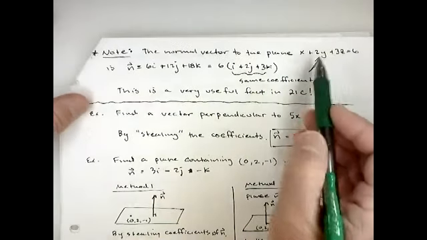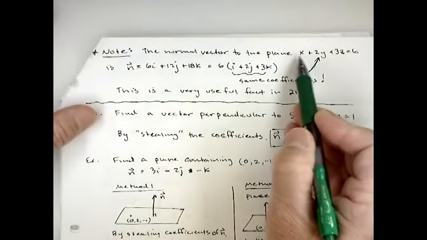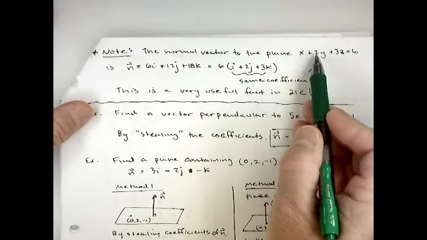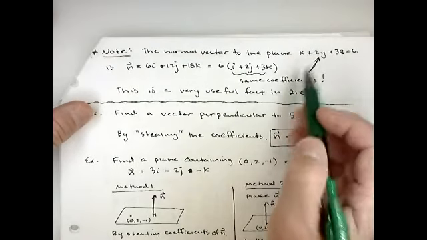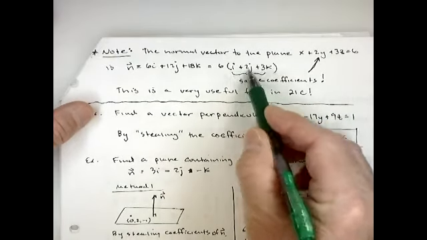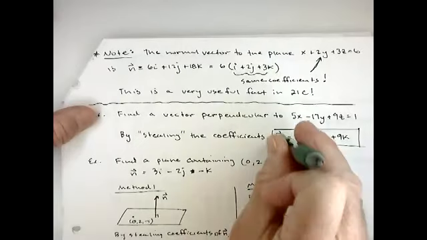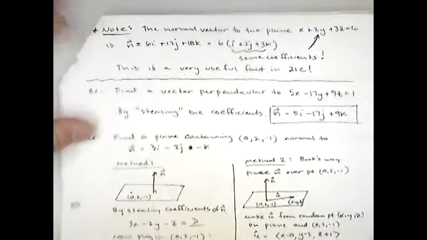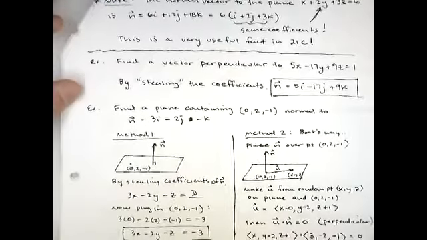This is a very, very useful thing in 21C and totally counterintuitive, to me anyhow. It's counterintuitive that if you want to find a vector perpendicular to this plane, 1x plus 2y plus 3z, I can just choose a vector that has the same coefficients, and that vector is perpendicular to the plane. It's a little bit counterintuitive, but it is true. Okay, so we can use that fact.